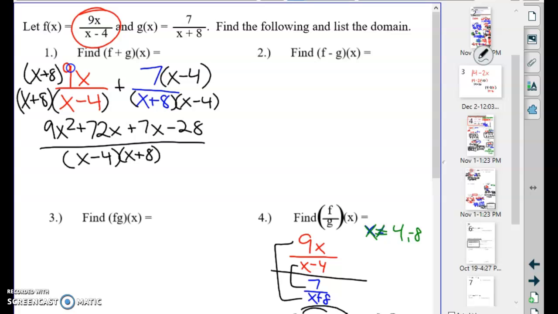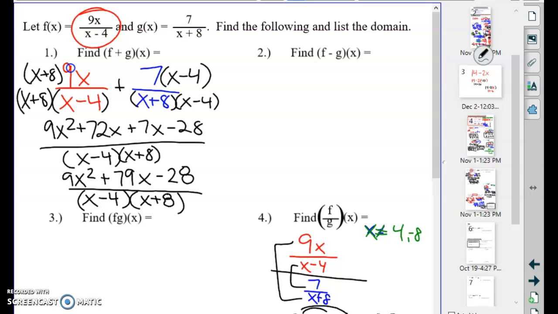So now I'm going to look through and say, okay, let's combine like terms across the top. So 9x squared plus 79x minus 28, and then I'm going to say x minus 4 and x plus 8.